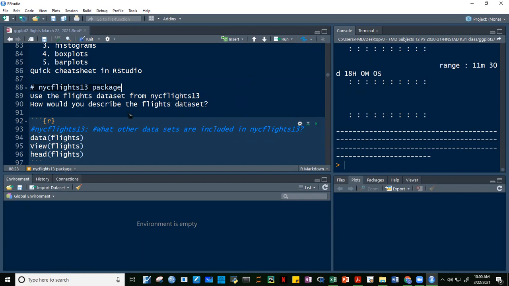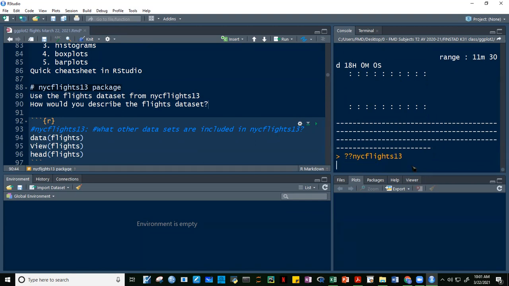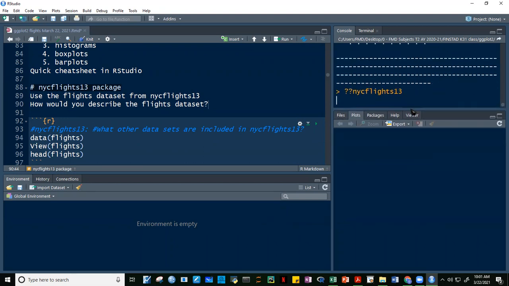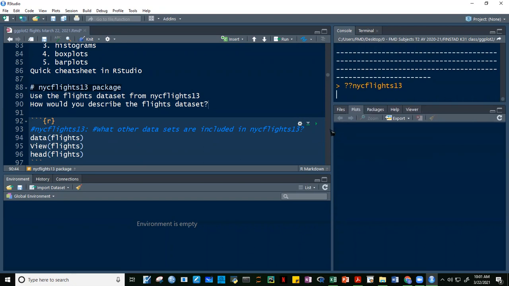How would we describe the flights data set? Generally, guys, we use this, right? Double question mark nycflights13. I don't know why, if we run this nycflights13, I'm surprised we're not getting information about it.